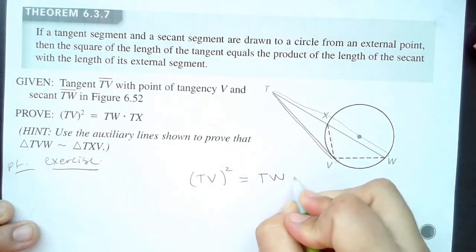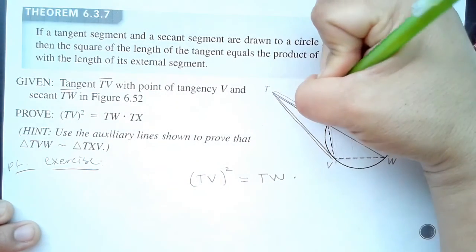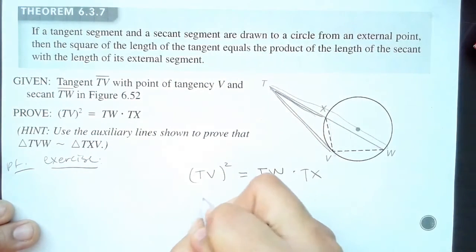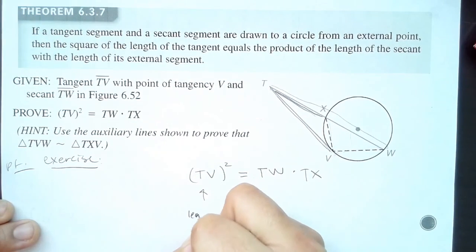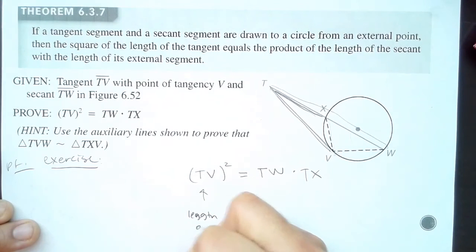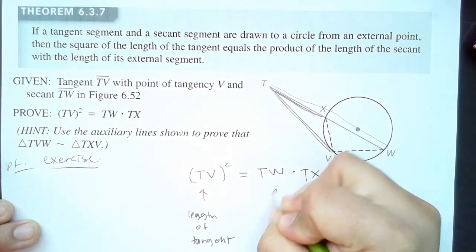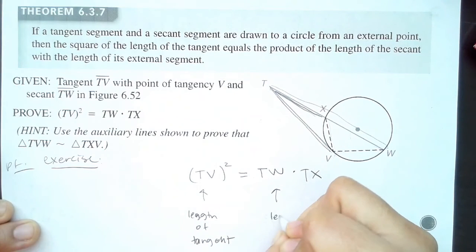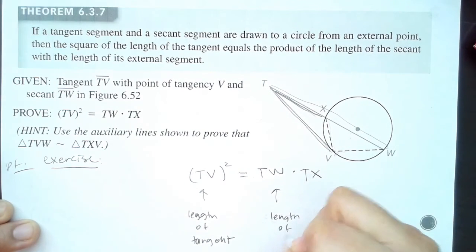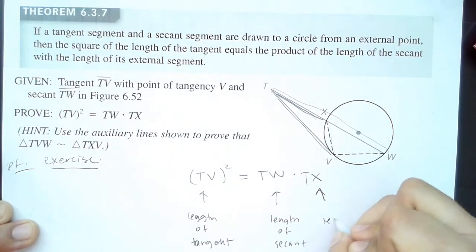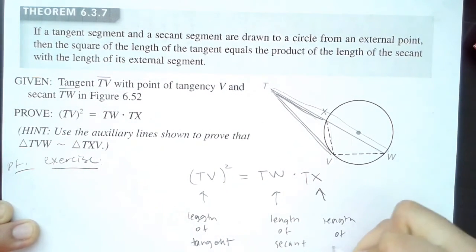Okay? So length of tangent of the circle, and then this is the length of secant, and this is the length of external segment. Right? The outside. Okay, so that's that.